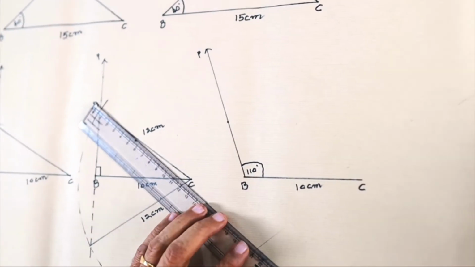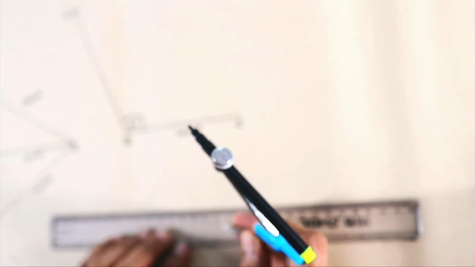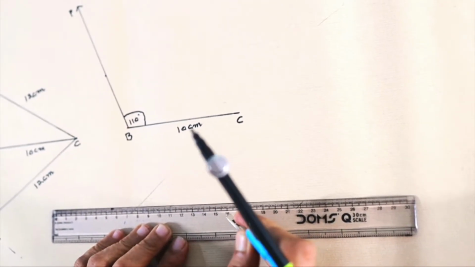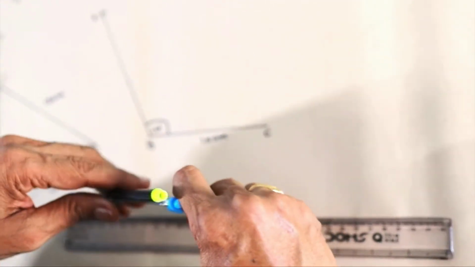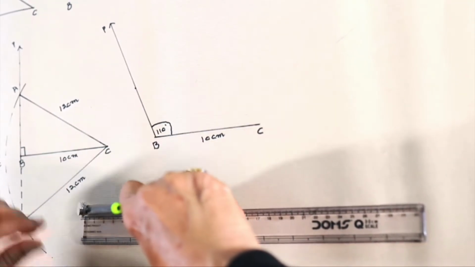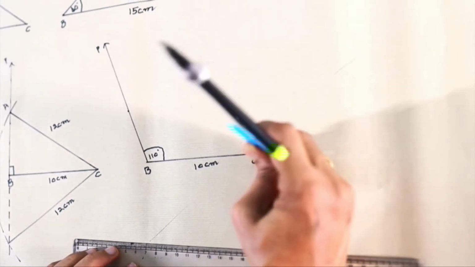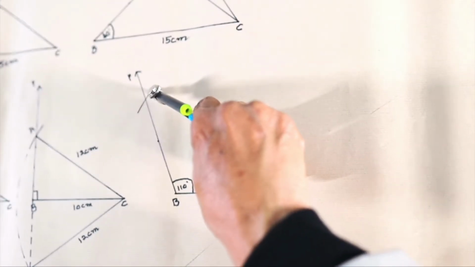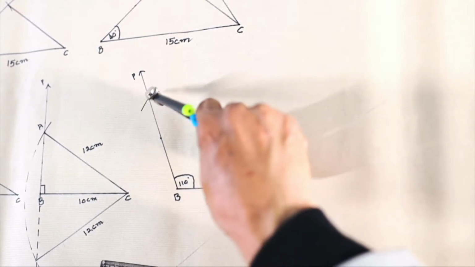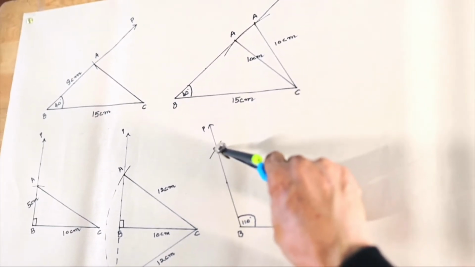Now take the compasses. Let us take 16 centimeters as the radius. With C as center, let us cut this ray BP. See, it is cutting at only one point.